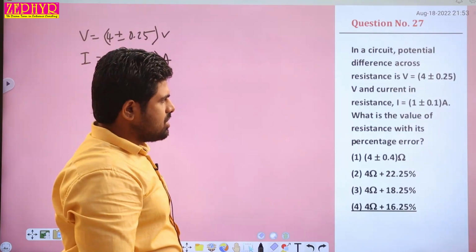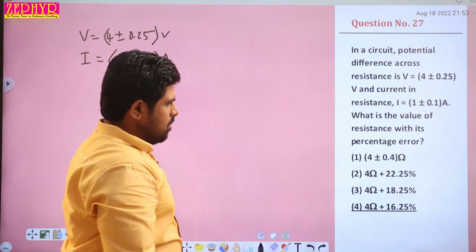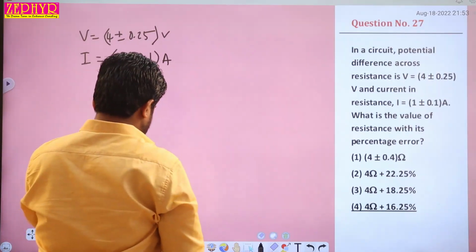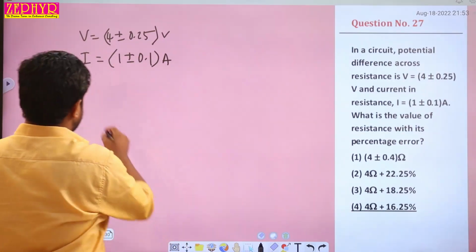What is the value of resistance with its percentage error? So how do we find out the percentage error value?